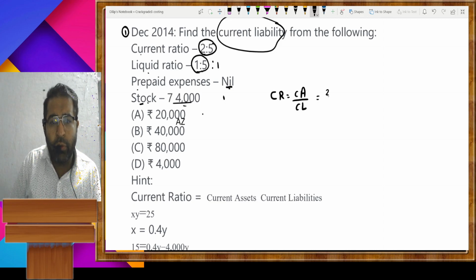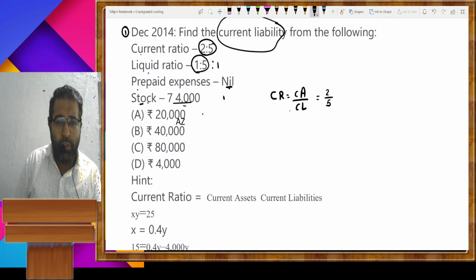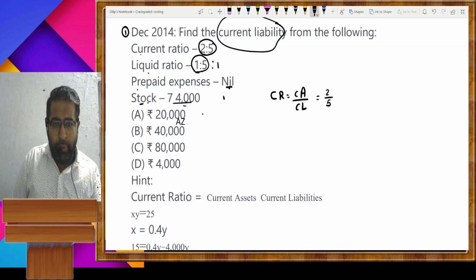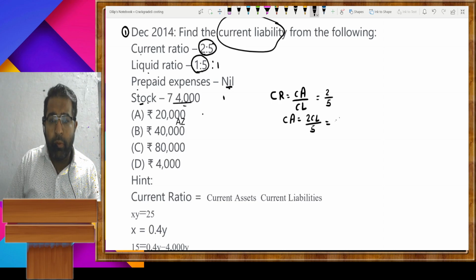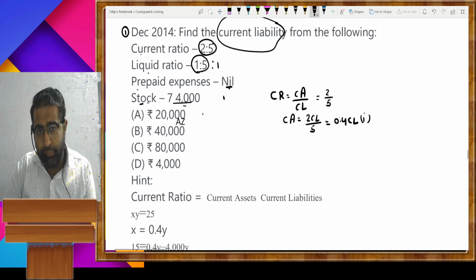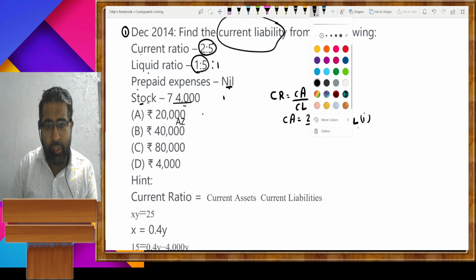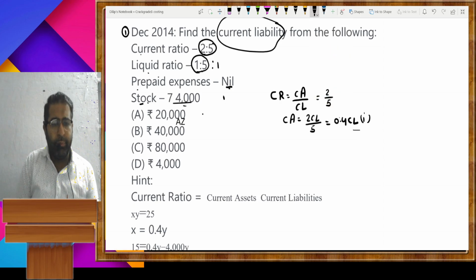It is given 2.5, so current assets equals 2 current liabilities divided by 5, or solving it more, 0.4 current liabilities. Equation number 1.